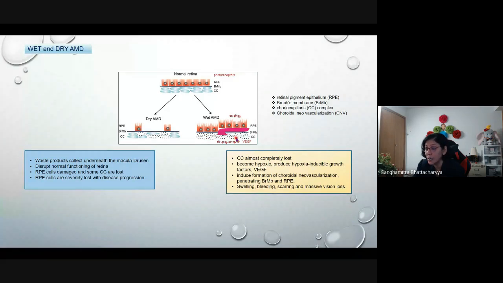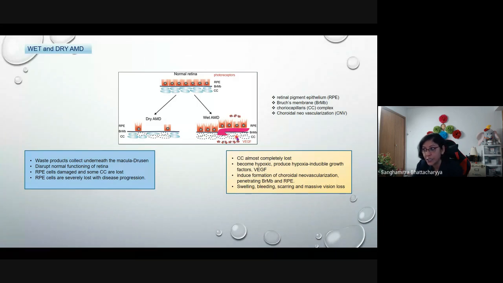And because of the loss of the choriocapillaries, as we know that blood supplies oxygen, this area is devoid of oxygen, and that's what we call a hypoxic environment, and this produces hypoxia inducible growth factors.